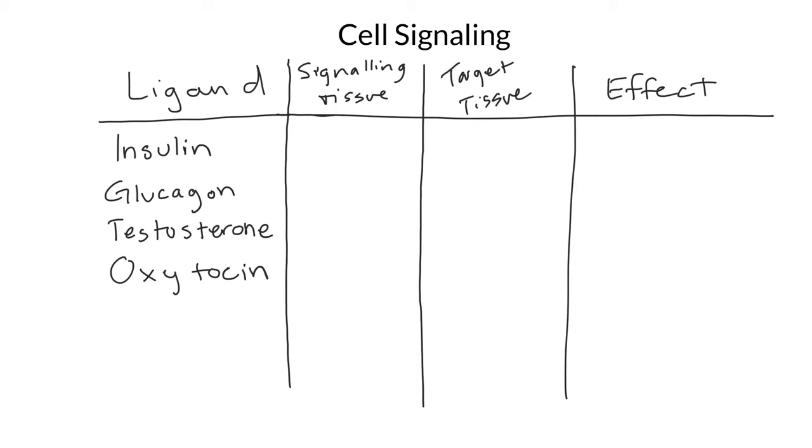Endocrine means it's going from one tissue to a different tissue in the body, okay? There was also paracrine signaling, which is going from one cell to the other inside the same tissue, and autocrine, which is going within the cell. Okay? Some examples of endocrine signaling.